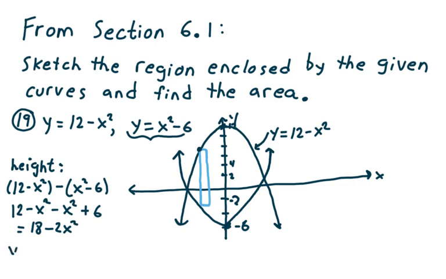Now, what's the width? Remember, the width is dx. The width runs parallel to the x-axis, right? Now, we got the height, we got the width. We need to find these points of intersection. We're going to do this mathematically because from a graph it can be a little difficult to tell where these graphs intersect.